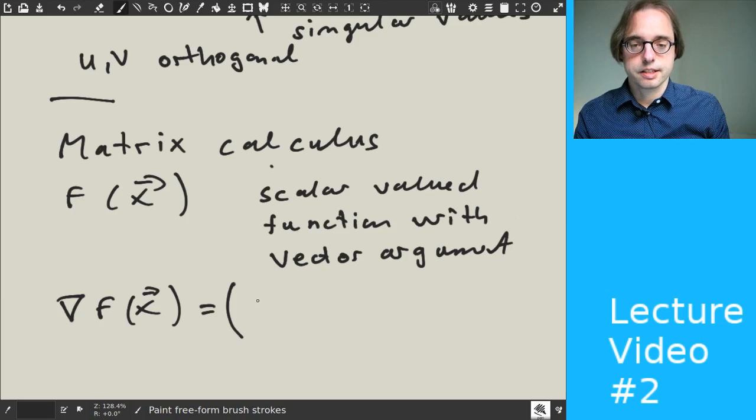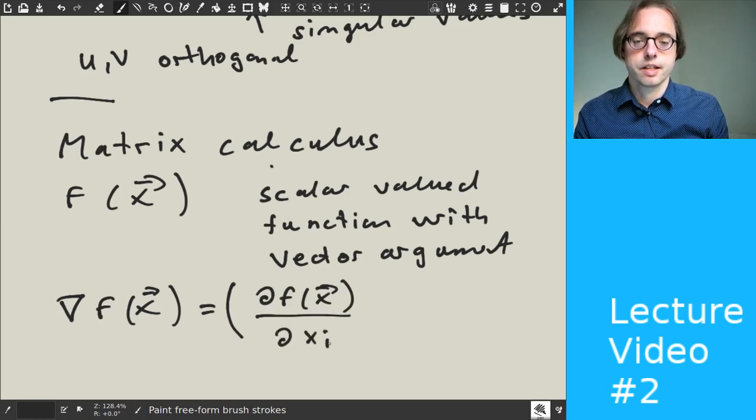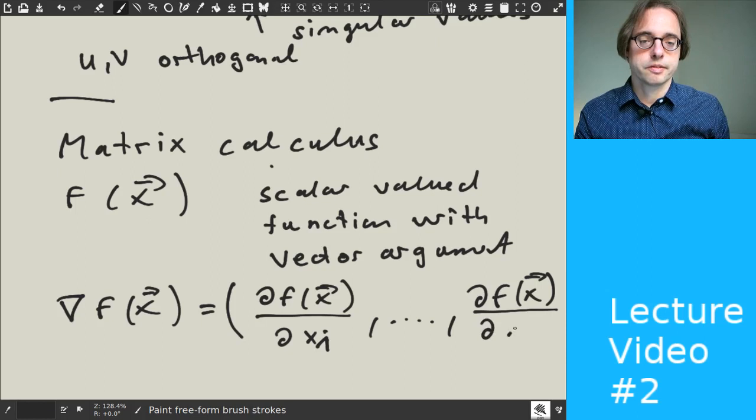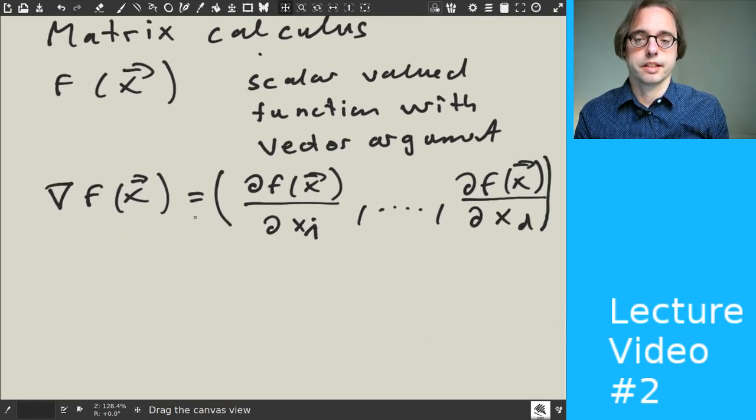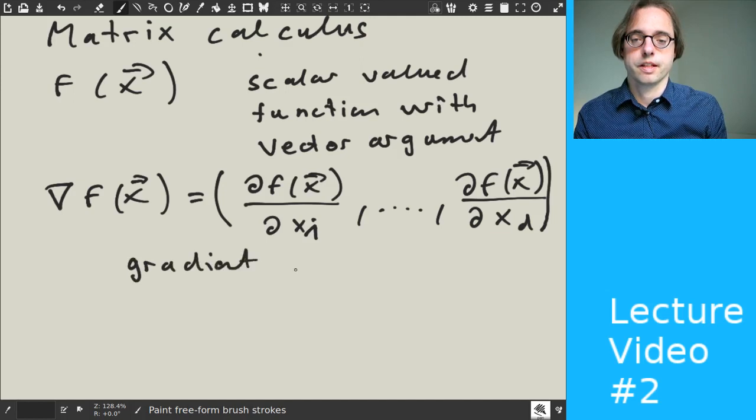The first component is the first derivative of this function with regard to the first component, x1, and so on. And the last entry in this row vector is the partial derivative with regard to the last element in x. So that's the gradient. In our notation, it's a row vector, and this is the nabla operator.